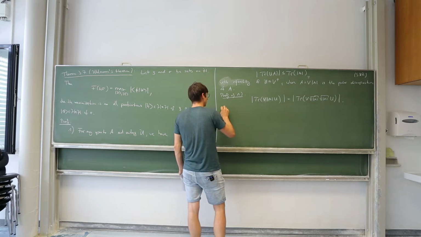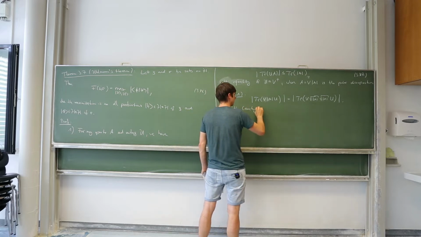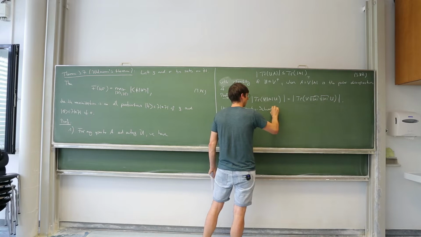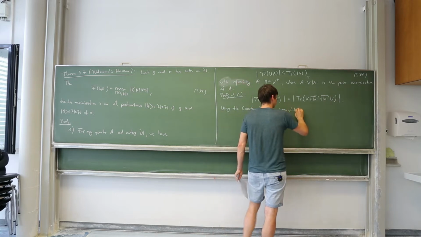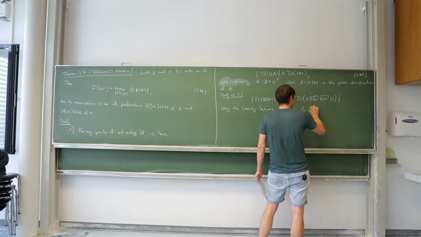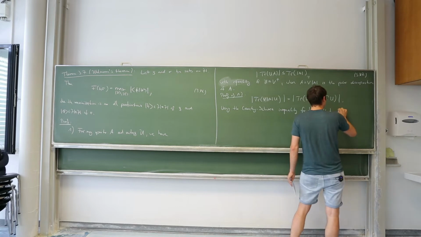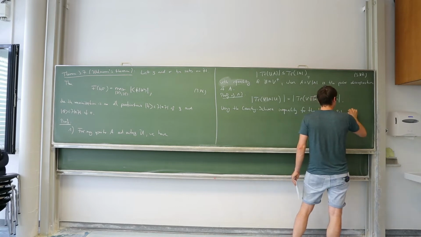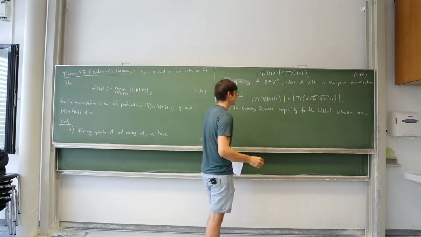Using the Cauchy-Schwarz inequality for the Hilbert-Schmidt norm, you may not know it, so let me state it.